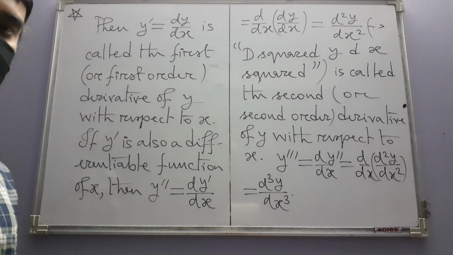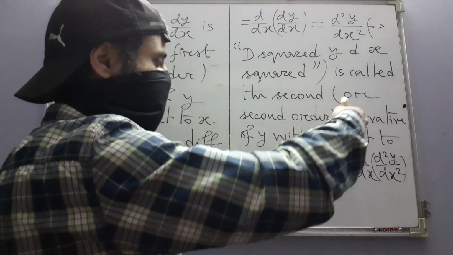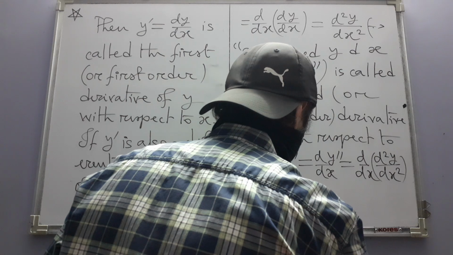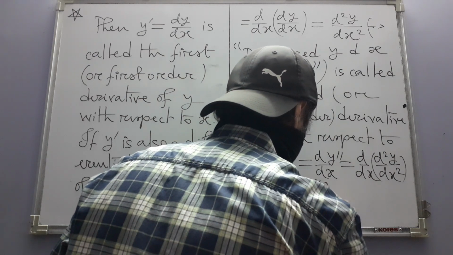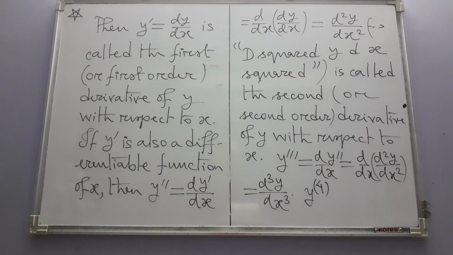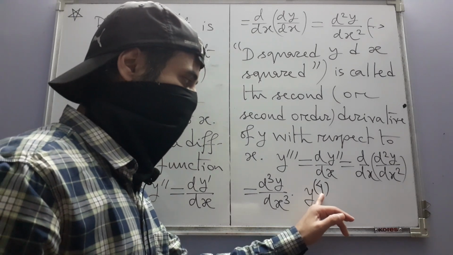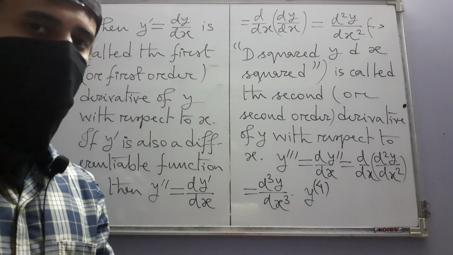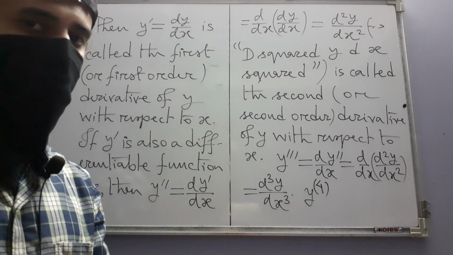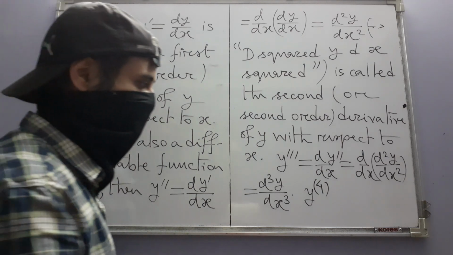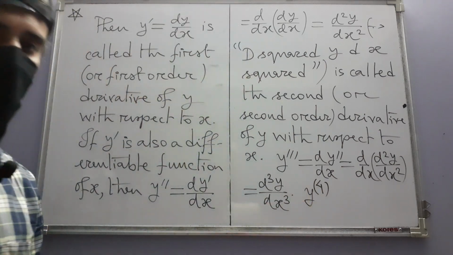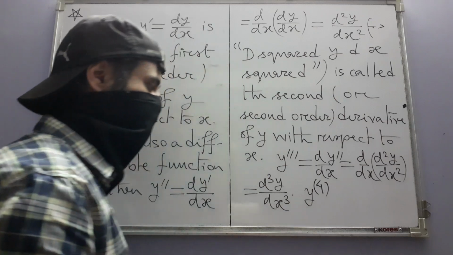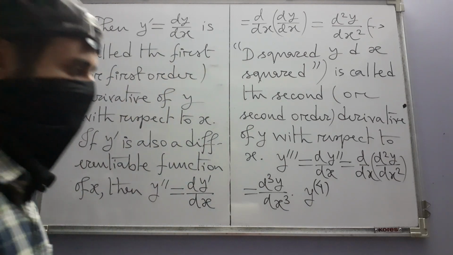And if it continues like this, you do not keep on writing prime, prime, prime. You write like this. You don't simply write 4 as a superscript, but enclose it within brackets, means parentheses, to indicate that this is not exponent. This is not exponent of y, but we have differentiated y 4 times with respect to x.